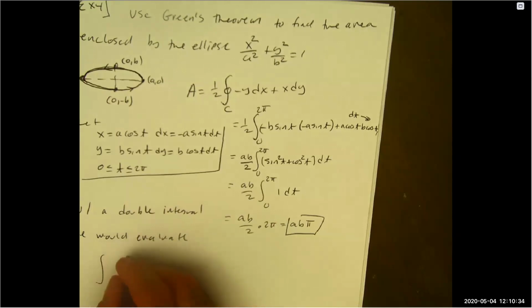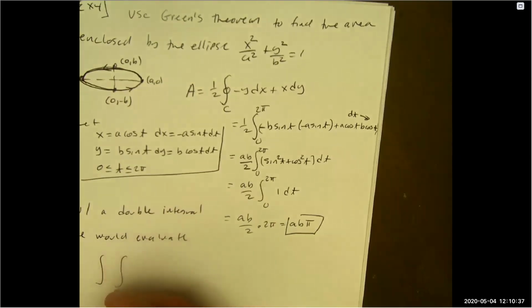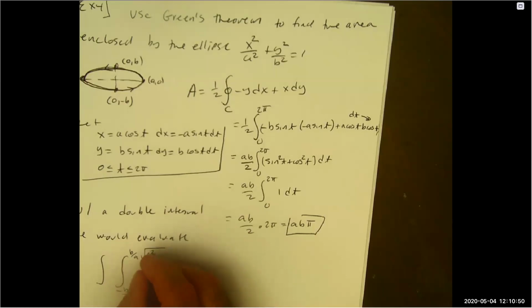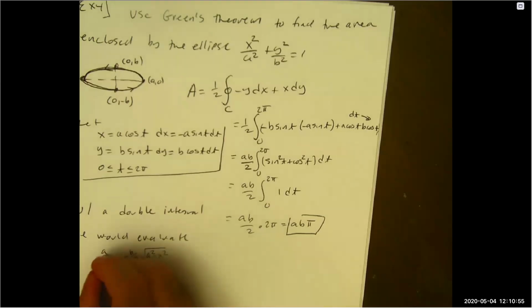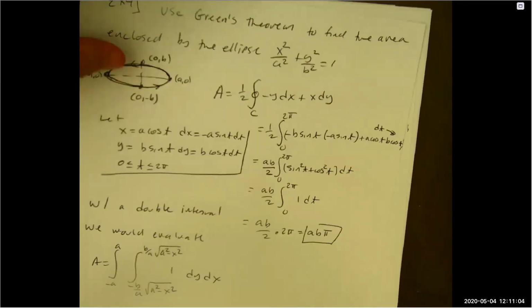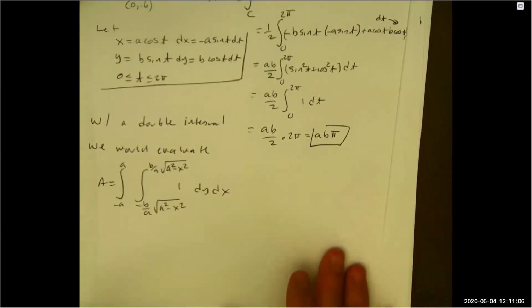So we'd have the double integral, we'd have minus b over a, and then the square root of a squared minus x squared. And we'd have b over a, so we would have to integrate like that. And so the line integral is going to be much more straightforward than having to do it with a double integral.